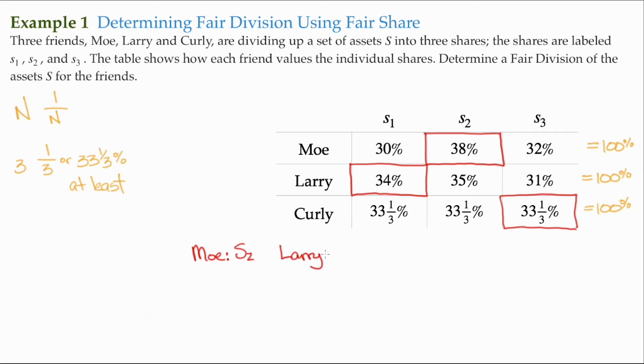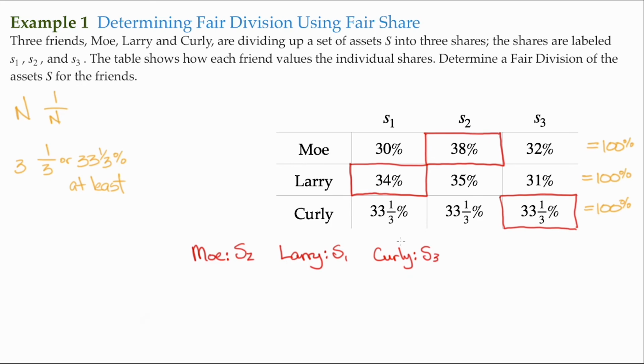Larry would get share 1. And Curly is then awarded share 3. And it's a fair division because each player got at least the proportional amount that they think is due to them.